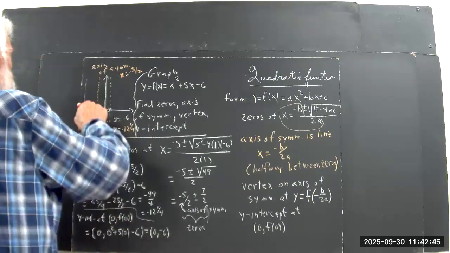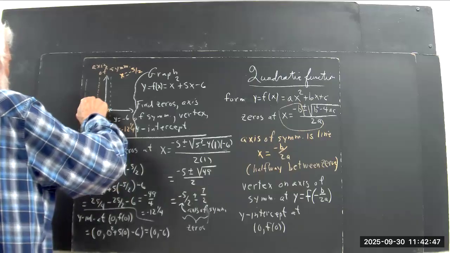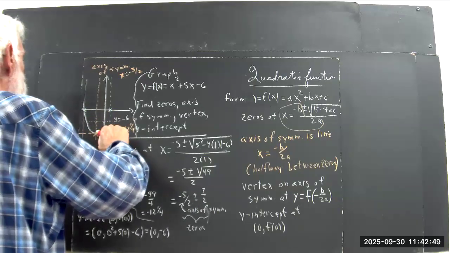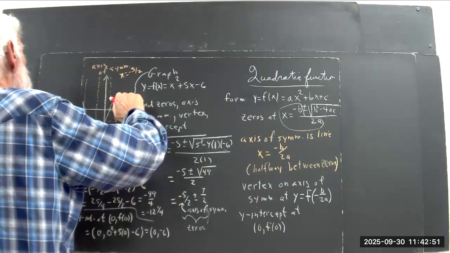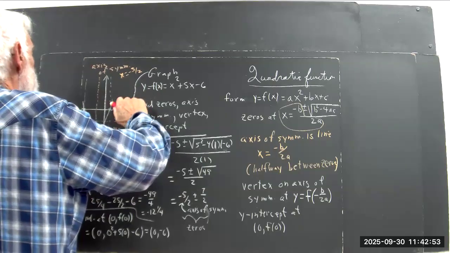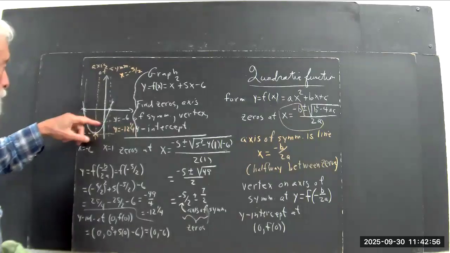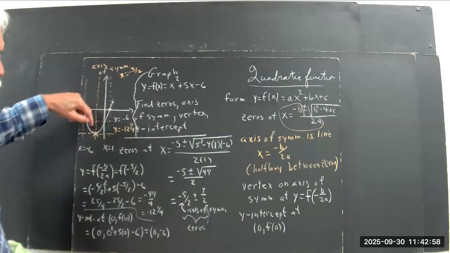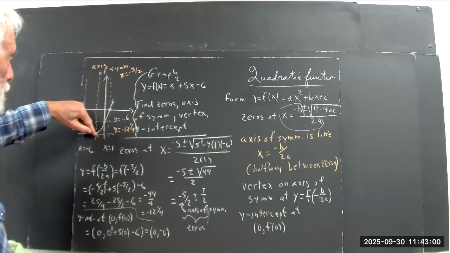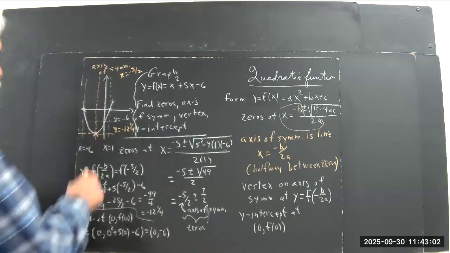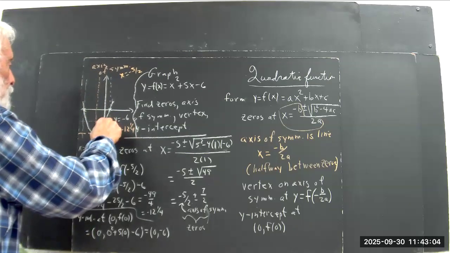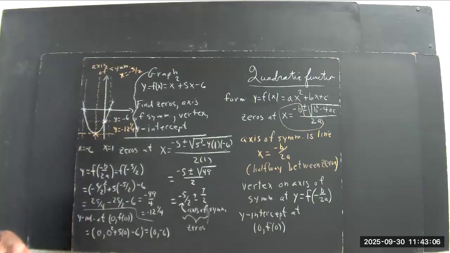And now we can sketch a parabola. It comes down here, comes up through here. And I wasn't even looking at this point. I just tried to make a smooth curve. It bottomed out here and went through here. And look, it went just about right through y equals negative 6, didn't it?